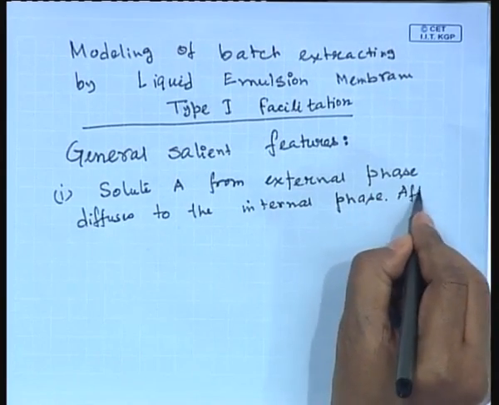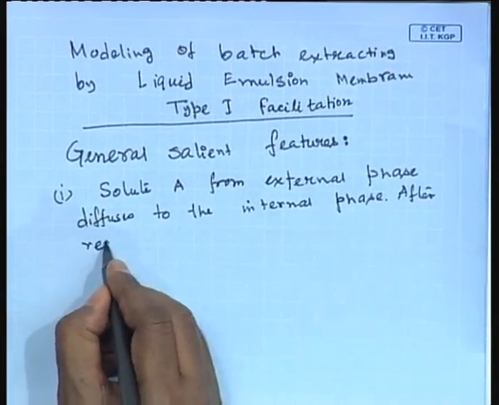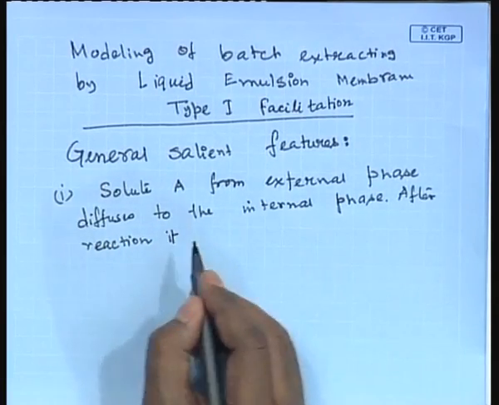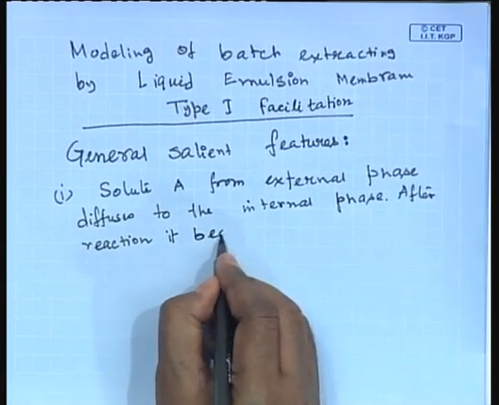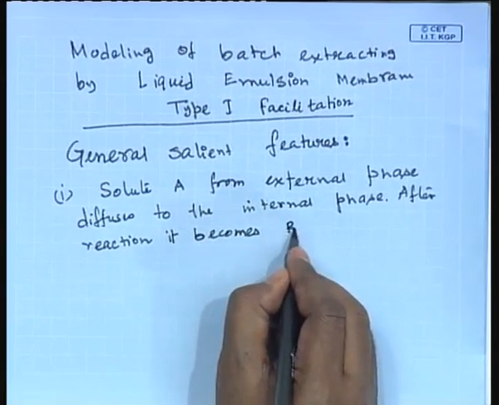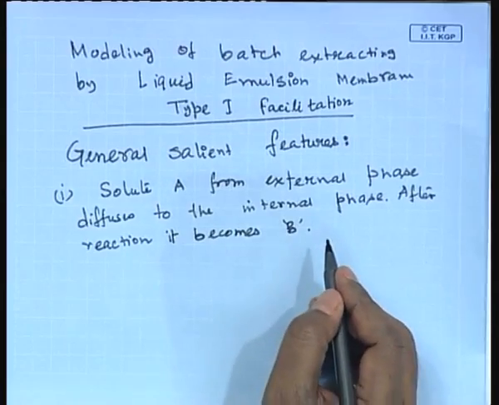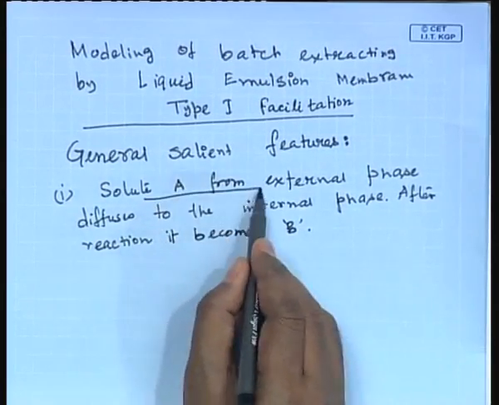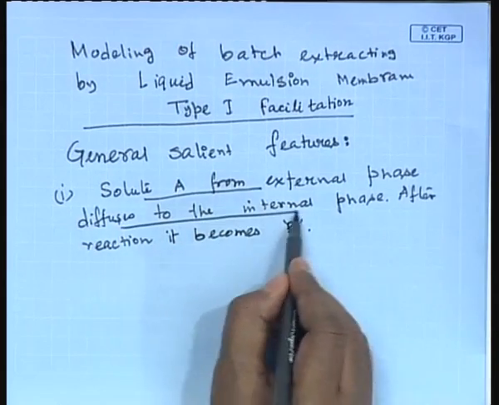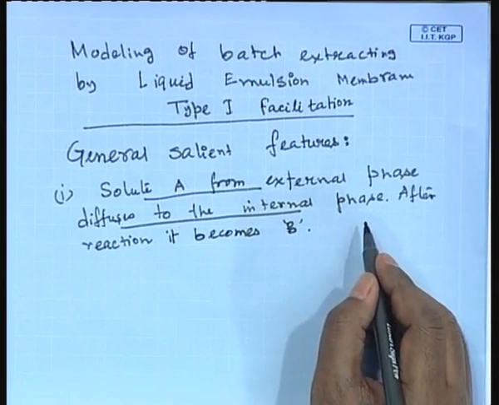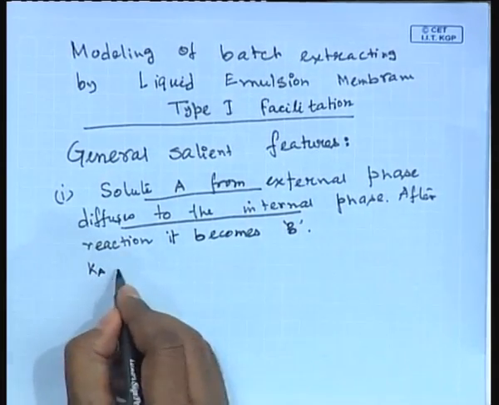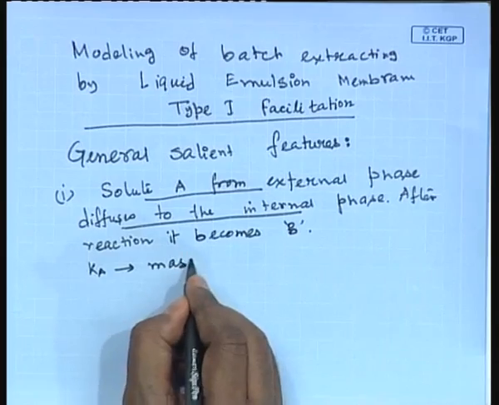After reaction, it becomes species B. A becomes B. A does not exist, so it becomes B, and the transport of the solute A from the external phase to the internal phase will be quantified by a mass transfer coefficient Ka.